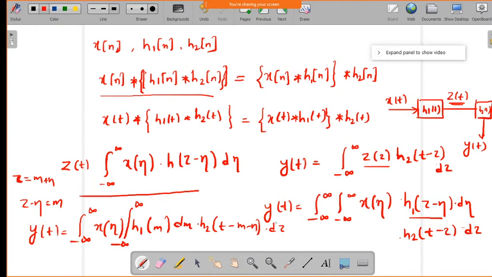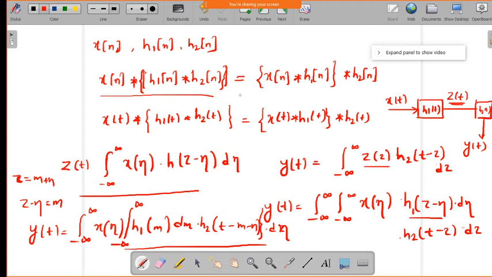We are putting dm, so d eta we have to. Okay, so this is the integral. If you observe here, this integral, h1 of m into dm into h2 of t minus m, is nothing but the convolution operation h1 of t with h2 of t.